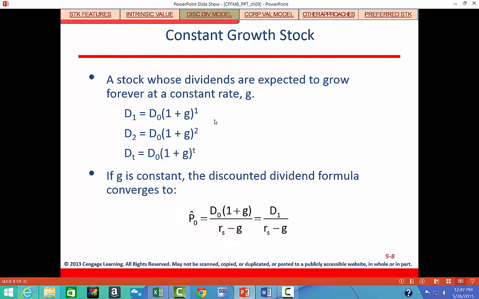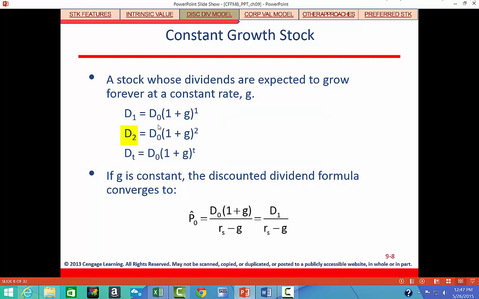And we can find future dividends by taking the present dividend, the dividend that was just paid, D0, times 1 plus a growth rate. Because at some point in a company's life, we just have to make an assumption that dividends are going to continue to grow at a constant rate forever.